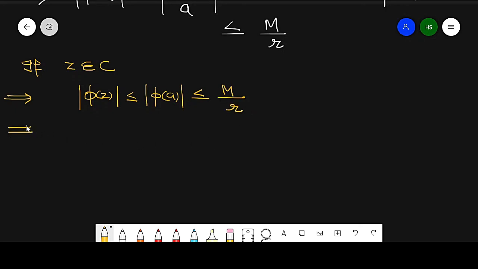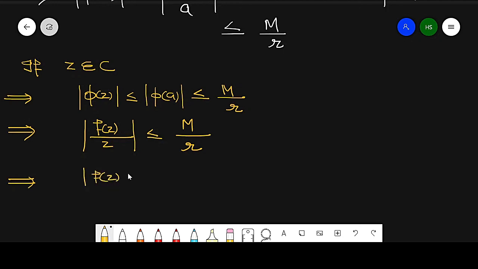It implies substitute value f of z over z less than equal to M by small r. Now this can be written as modulus of f z less than equal to capital M by small r into modulus of z. So this is our equation.